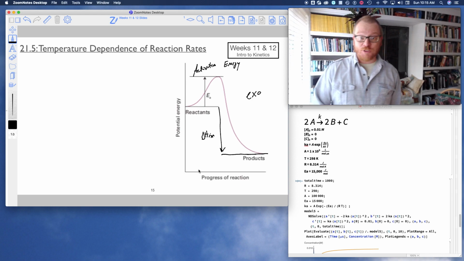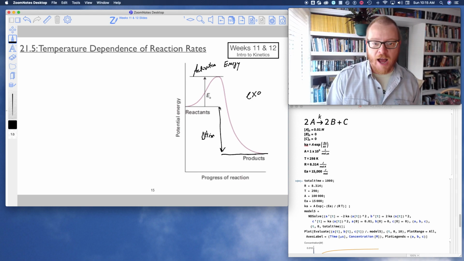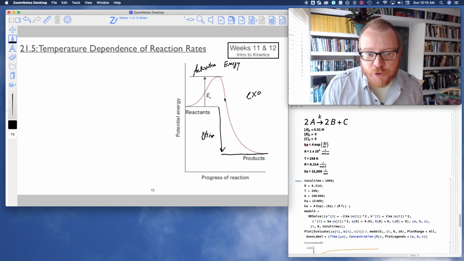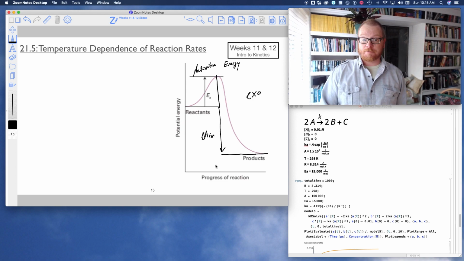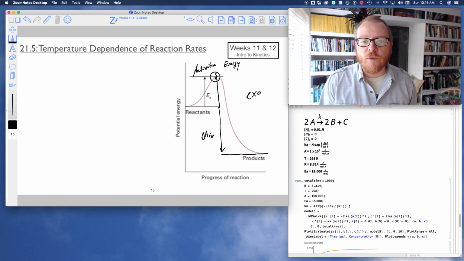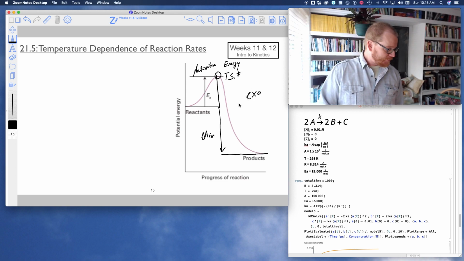And in fact, what I would really get, I drew that incorrectly. It would also include the heat released from the top of the transition state. Okay? So what we call right here is our transition state, and that's often given a double dagger, okay, for the transition state.